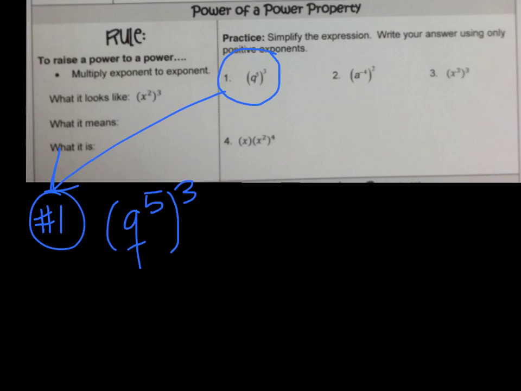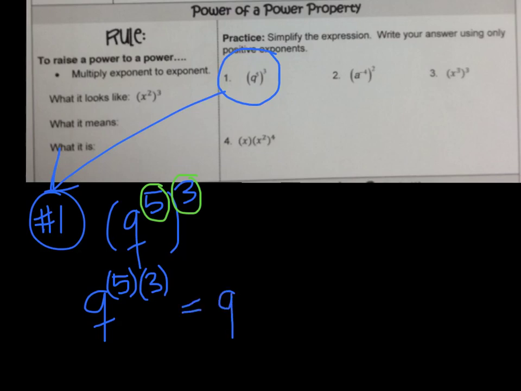Therefore, we use the power of a power property, which states that we multiply exponent to exponent. So our 2 exponents are 5 and 3. So when we rewrite it, it becomes q raised to the 5 times 3. Well, 5 times 3 is equal to 15, so our answer becomes q to the 15th power.